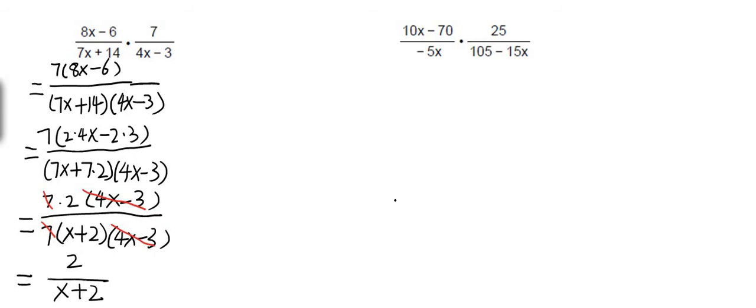Okay. Now let's take a look at the second example. We're gonna follow the same strategy. We let the numerators multiply together, 25 times (10x minus 70), and we let the denominators multiply together.